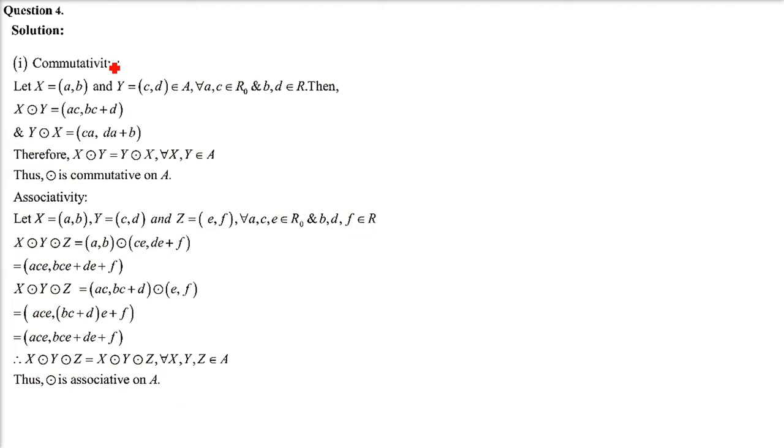Question number 4. Let A be R0 cross R, where R0 denotes the set of all non-zero real numbers.